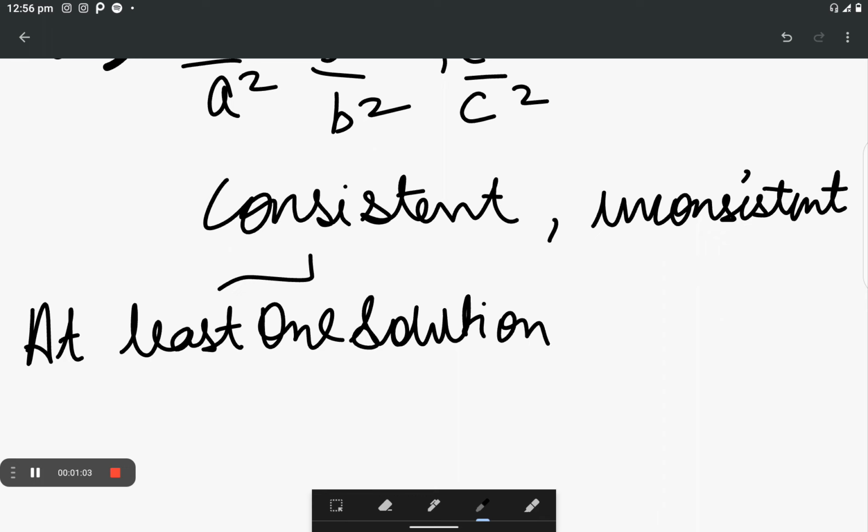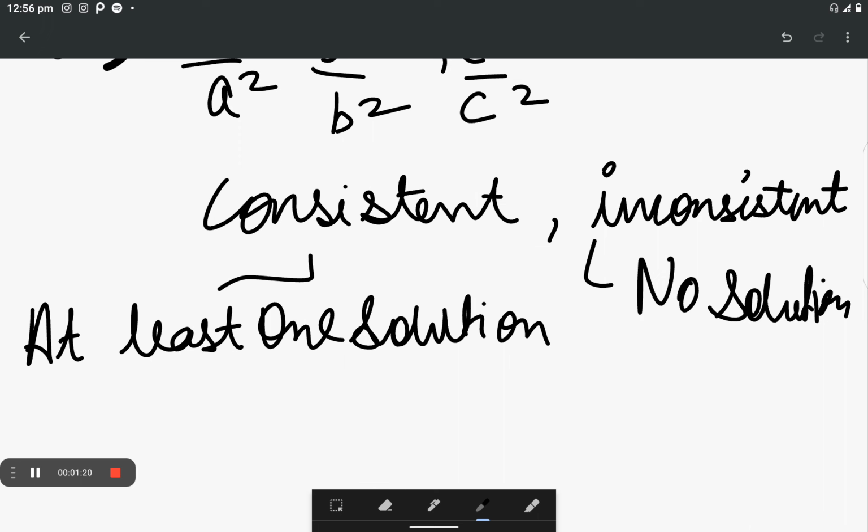Any pair of linear equations, when it has at least one solution, is considered consistent. When it does not have any solution, that means the pair of linear equations is inconsistent.